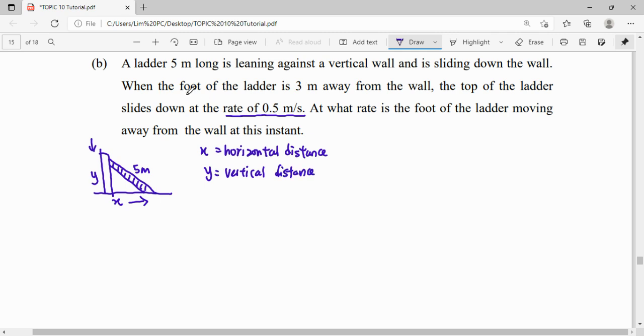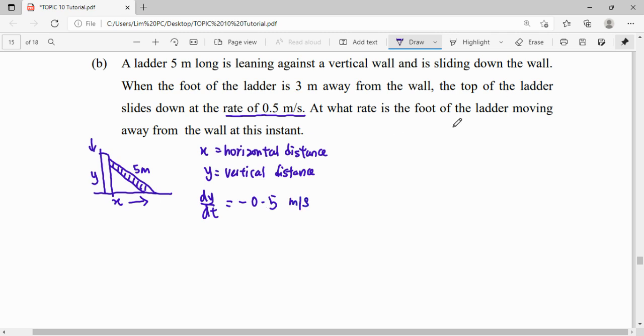Given that this ladder is sliding down, the rate of change is dy/dt, because the length of y is decreasing. When you can see this ladder sliding down, the length of y will be decreasing, so this rate of change will be negative, so negative meter per second.